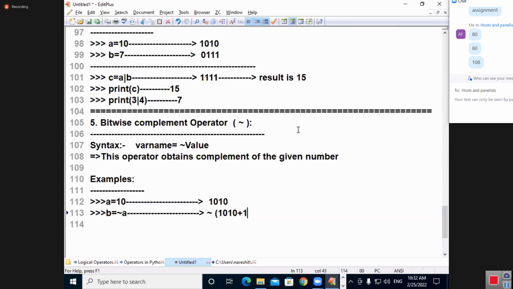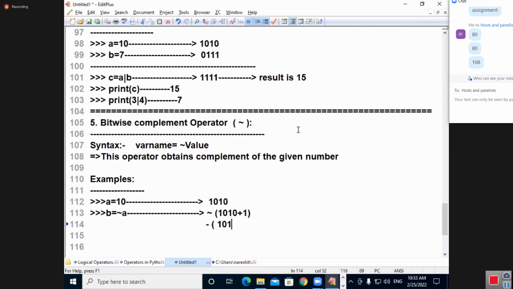At present, no need to worry about it. If you want, I will take a special session on it and we'll discuss. Internally the complement operator is considered as what you know.